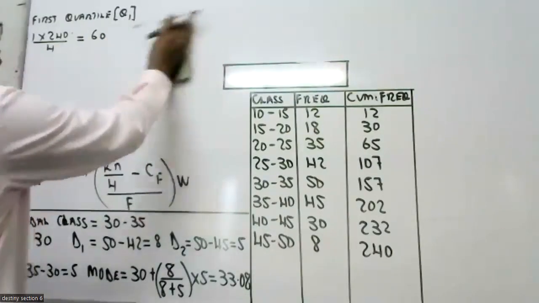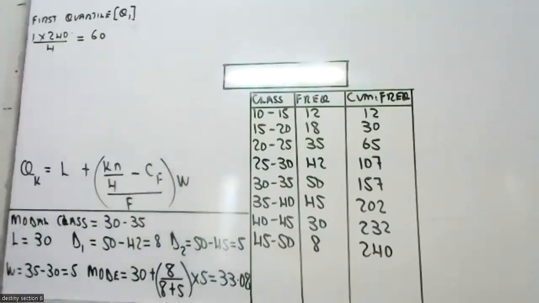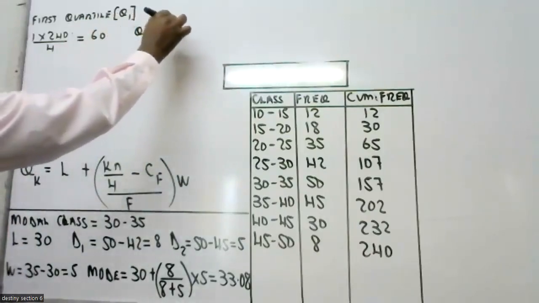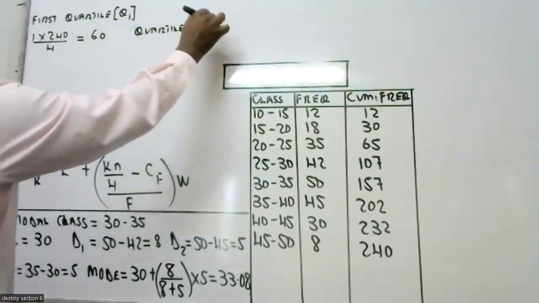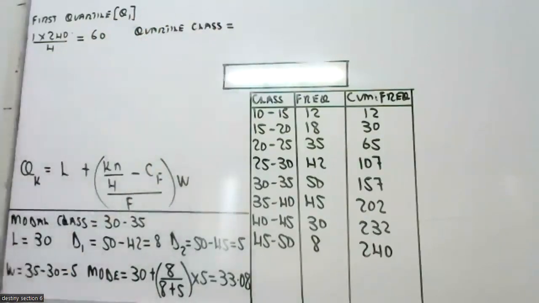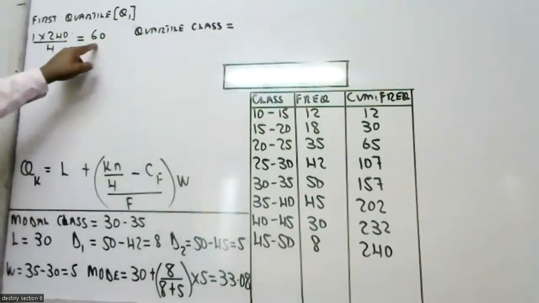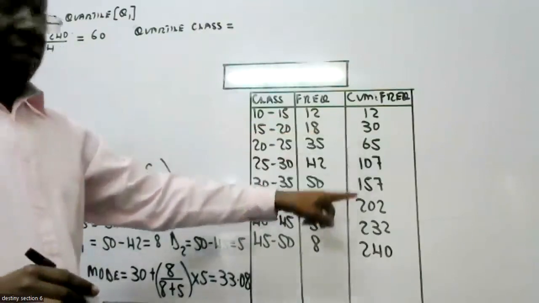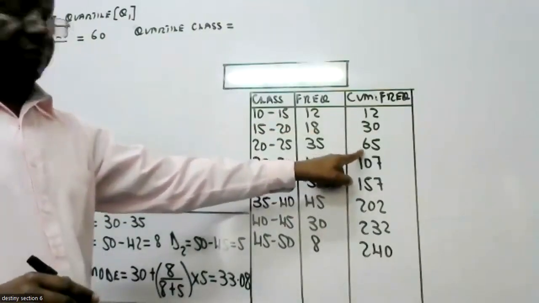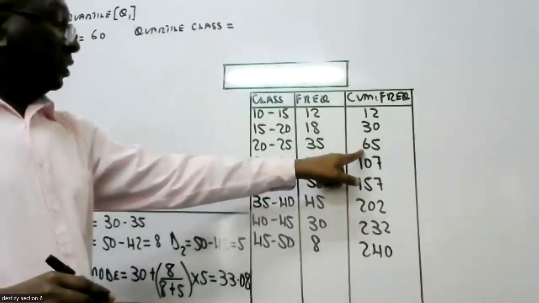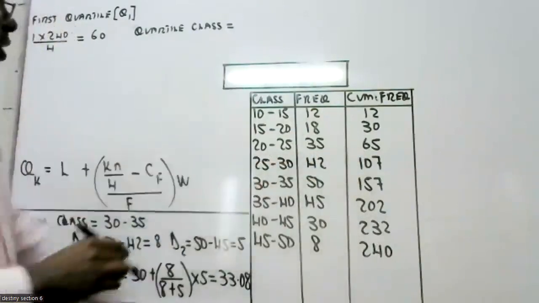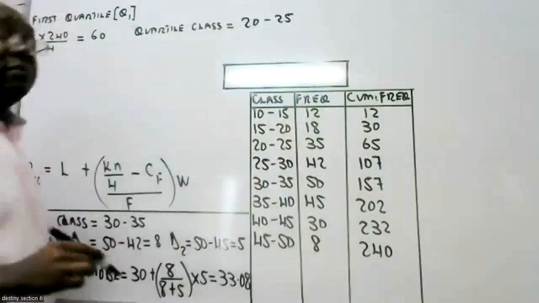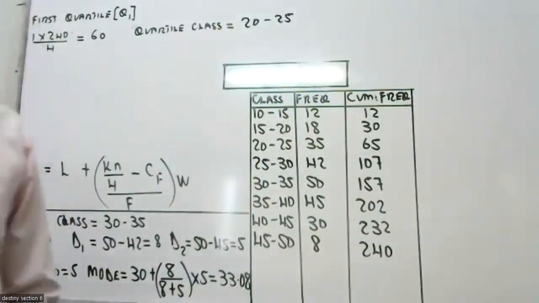We are now in quartiles. My quartile class is where you find this 60. So you come here to the cumulative, and 60 is here for 65. So my quartile class is this one, 20 to 25.